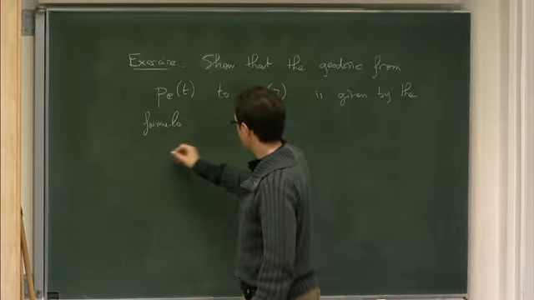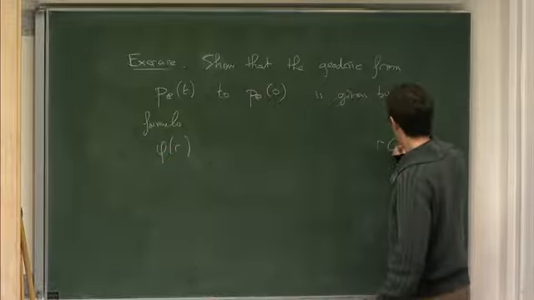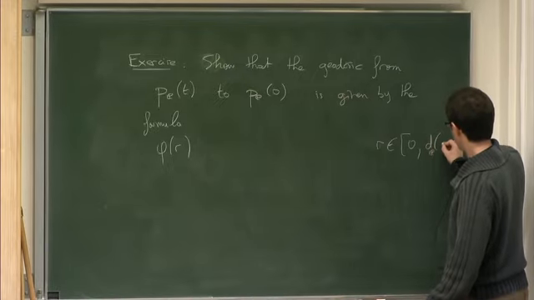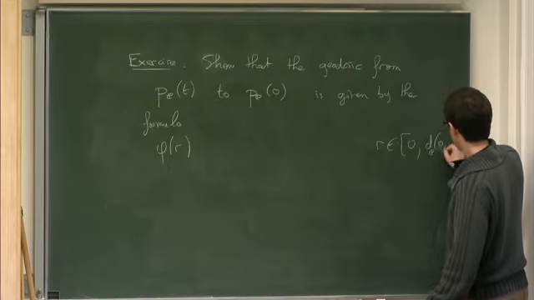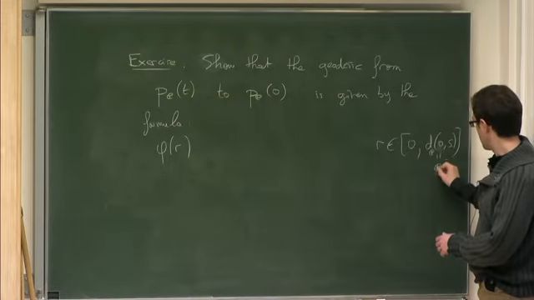Let's say phi(r), for r between 0 and the distance between 0 and t, and the distance between 0 and t is nothing but e(t).